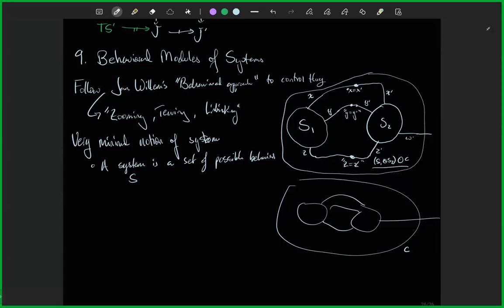But of course, remember that we always need systems to have interfaces. So an interface is a set of possible behaviors of that interface.